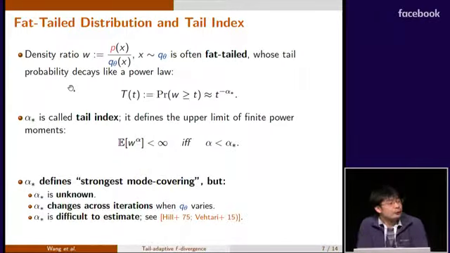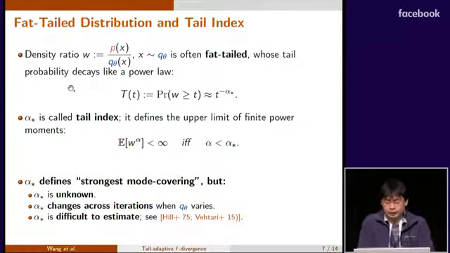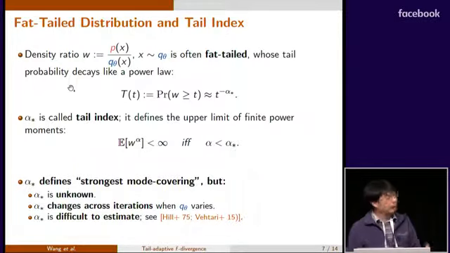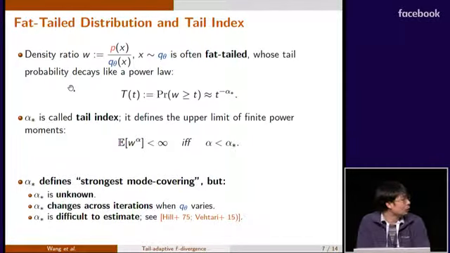A way to mathematically understand this threshold and the infinite mean and variance is to use what's called a fat tail distribution. It turns out that when Q is more concentrated than P, the density ratio tends to be distributed like a fat tail distribution. This means the tail probability, which is the probability of the density ratio being larger than some threshold, approximately decays according to a power law.